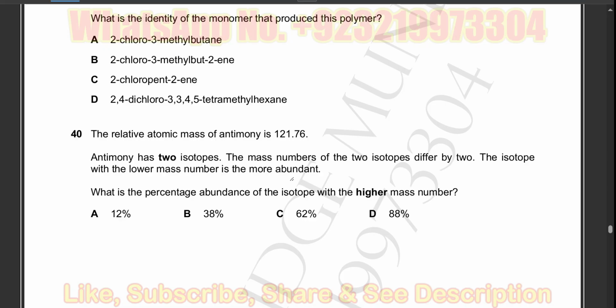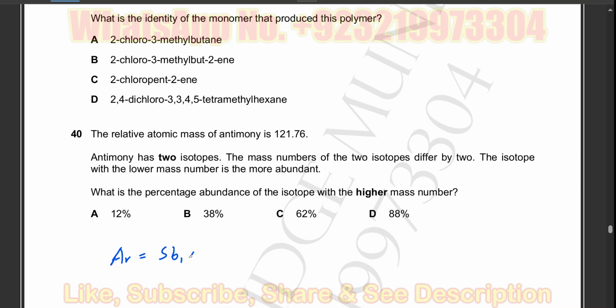In this question you should remember the formula for finding the relative atomic mass, which includes isotopes, their abundances, and their masses. Let's suppose for this relative atomic mass there are 2 isotopes. I will write the first isotope as Sb1, where Sb is the symbol of antimony.